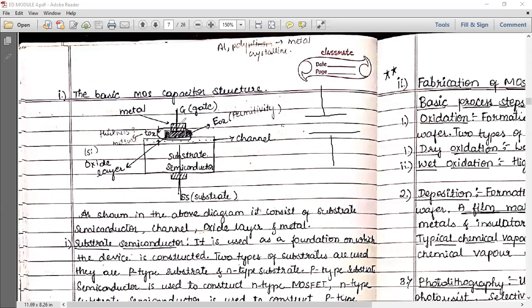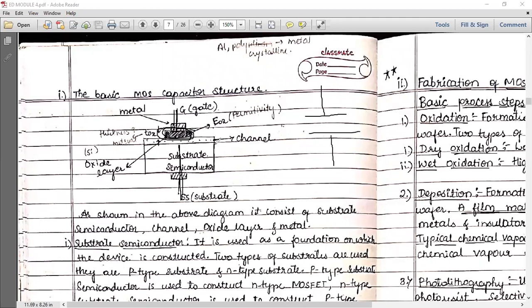These two act as terminals, and the substrate is also connected as another terminal. The oxide layer acts as a dielectric medium. That's why it is called the basic MOS capacitor structure.